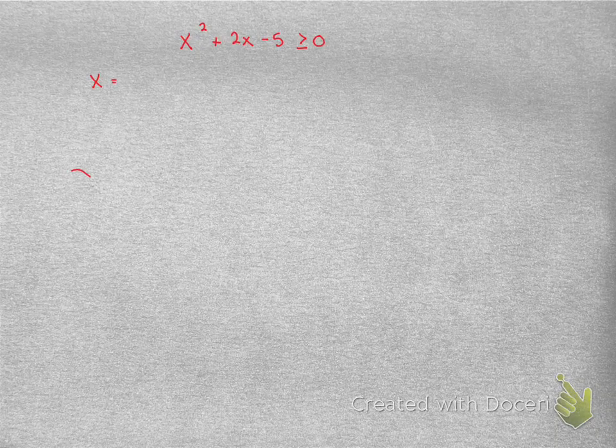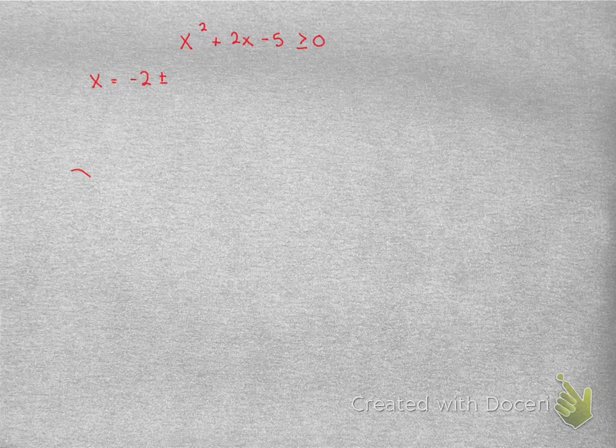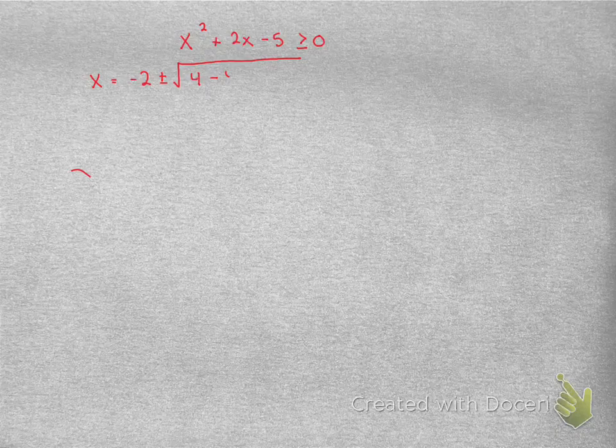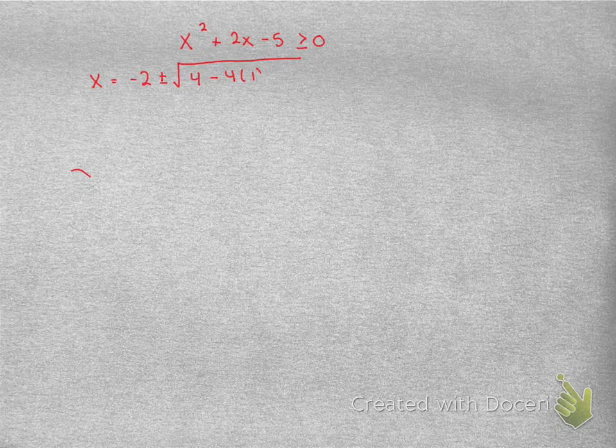X equals the opposite of b, which is 2, plus or minus the square root of b squared, which is 4, minus 4 times a, which is 1, times c, which is negative 5, all over 2 times 1, which is 2.